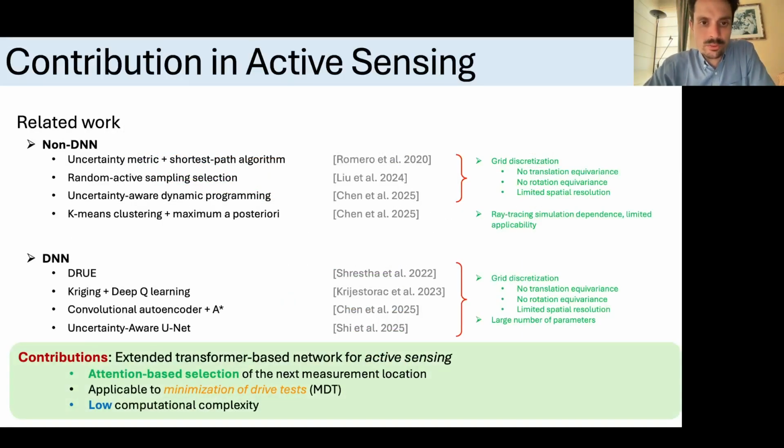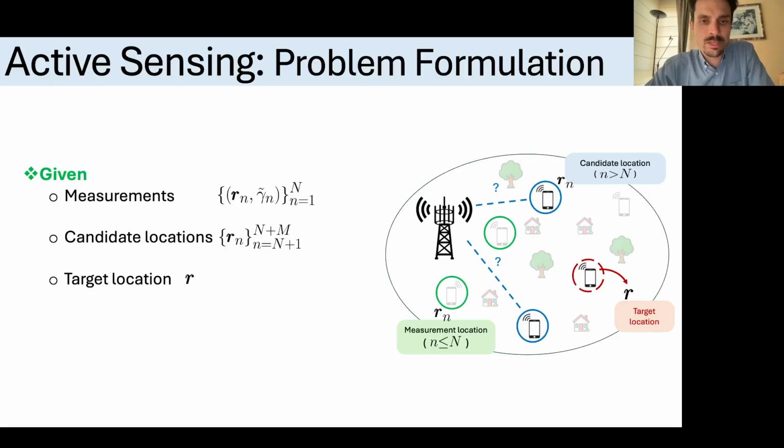So now I will briefly touch upon the second contribution of this paper, which is active sensing for radio map estimation. In this problem, we are also given a set of measurements, but we are also given m candidate locations.